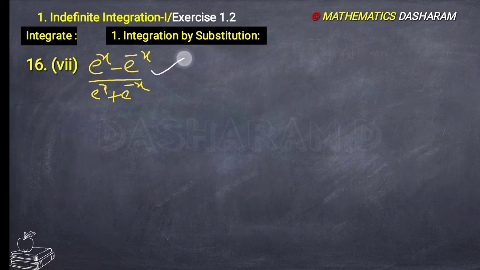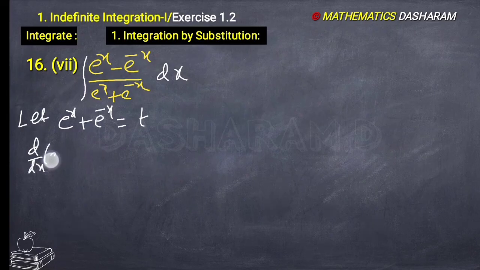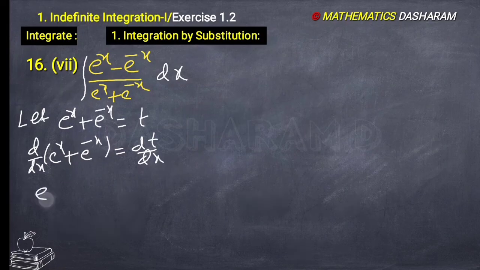Seventh question, e power x minus e power minus x divided by e power x plus e power minus x. Here select the denominator e power x plus e power minus x equals to t, and do the derivative on both sides with respect to x. The derivative of e power x is e power x itself, and the derivative of e power minus x is e power minus x, next times the derivative of minus x.